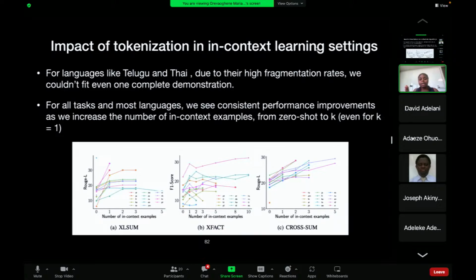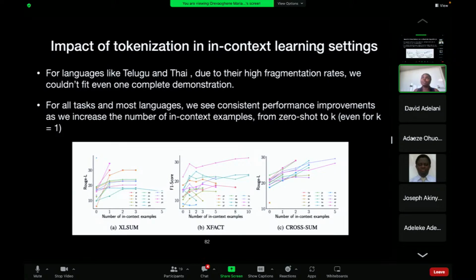On the x-axis, we have the number of in-context examples that each language can typically fit. And on the y-axis, we have the performance at each in-context example count. We typically see that for languages that have high fragmentation rates, like I mentioned before, sometimes you can't even fit one complete demonstration.